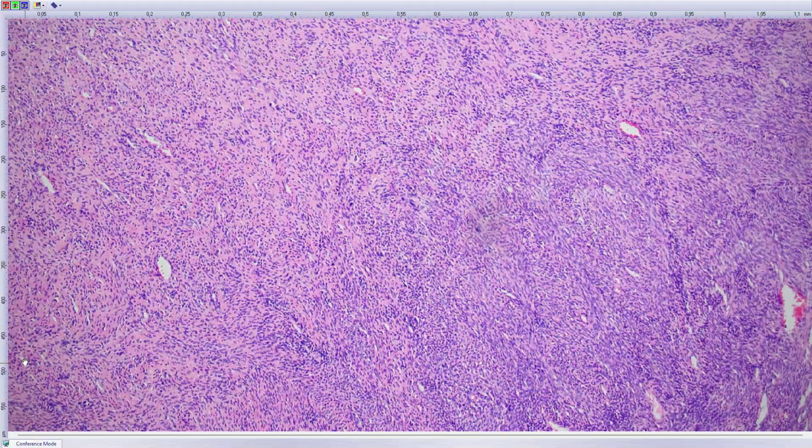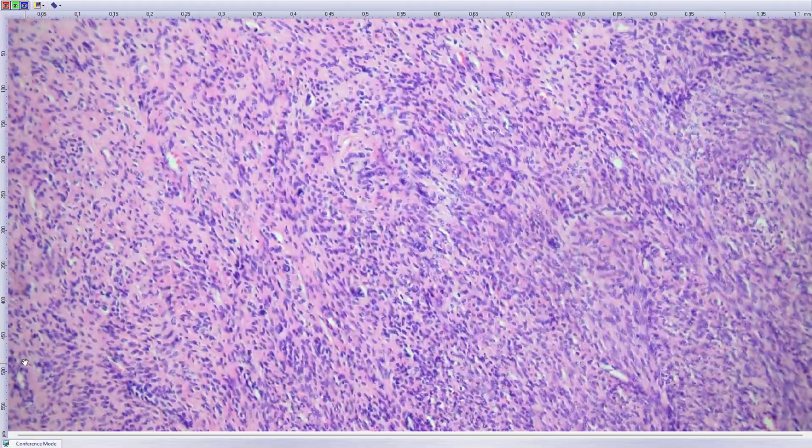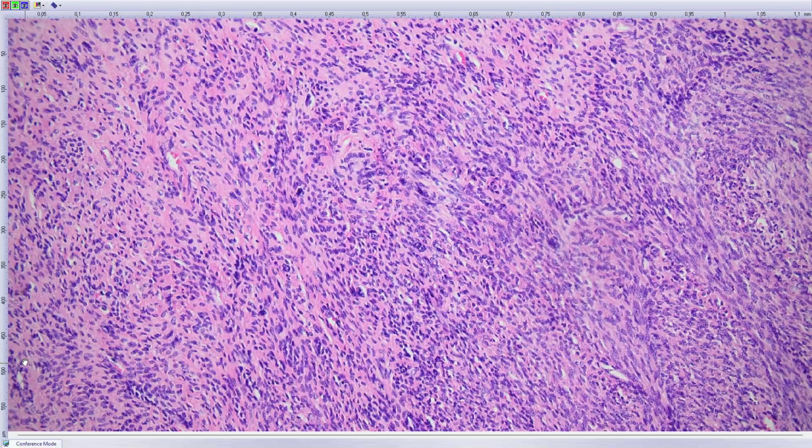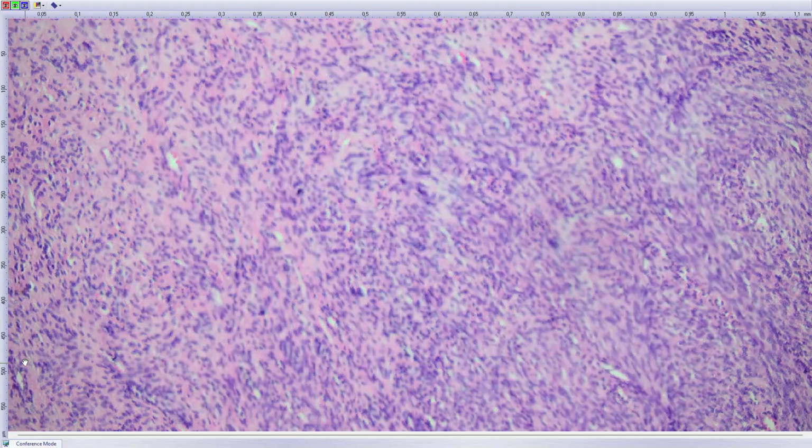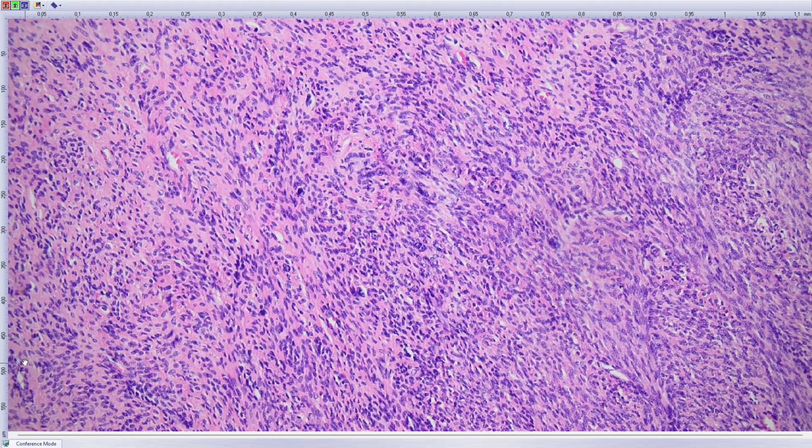Okay, so we see the spindle cell proliferation, which does not show this typical neurofibroma morphology, because the clinical diagnosis was neurofibroma. I cannot imagine a 20 or 30 centimeters big neurofibroma in the thoracic cavity, paraspinal location, in an NF1 patient.